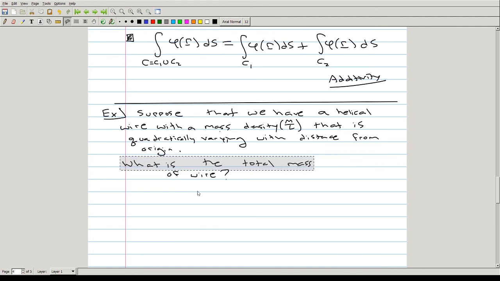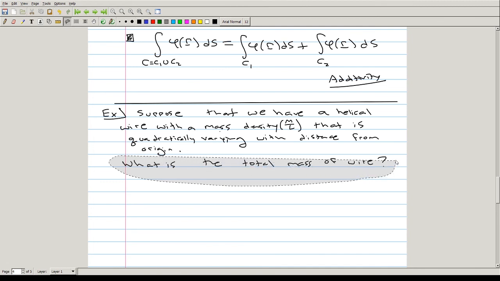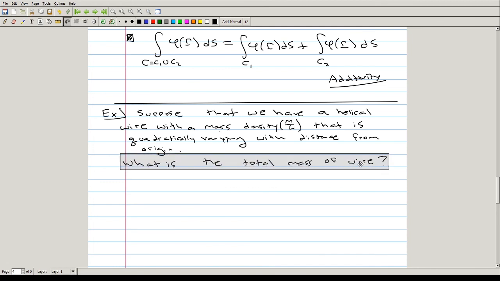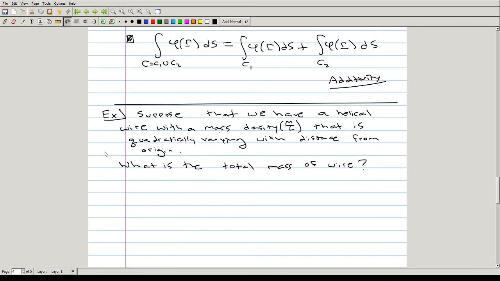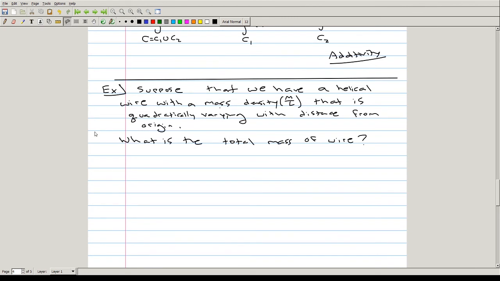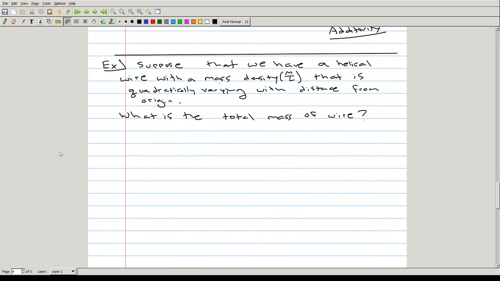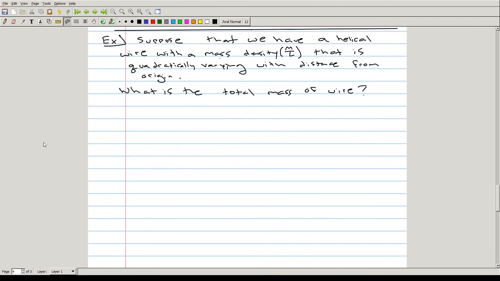This is a great example because it takes an idea directly from physics and gives us a direct example of where this line integral comes up and why it's important physically to understand our interpretation of the line integral. By the way, this example could be word for word replaced with an example from electromagnetism: we are asking for the total charge of the wire.